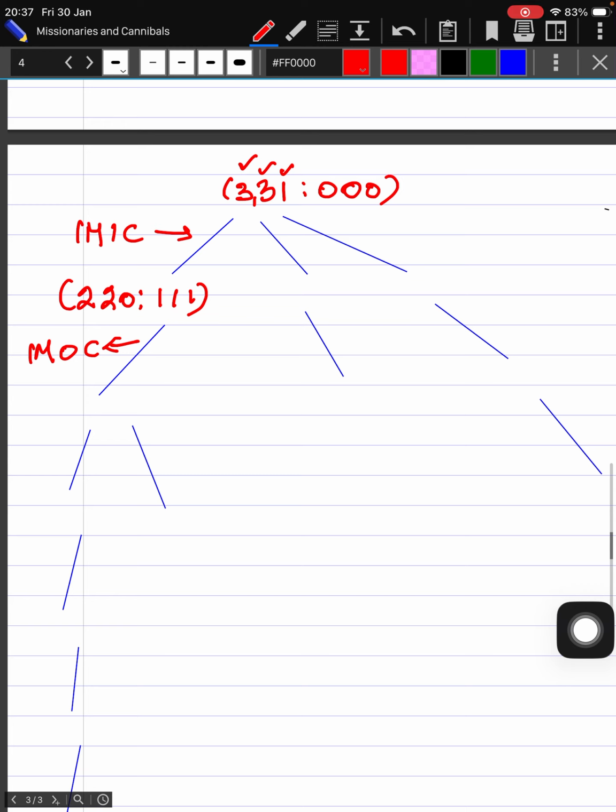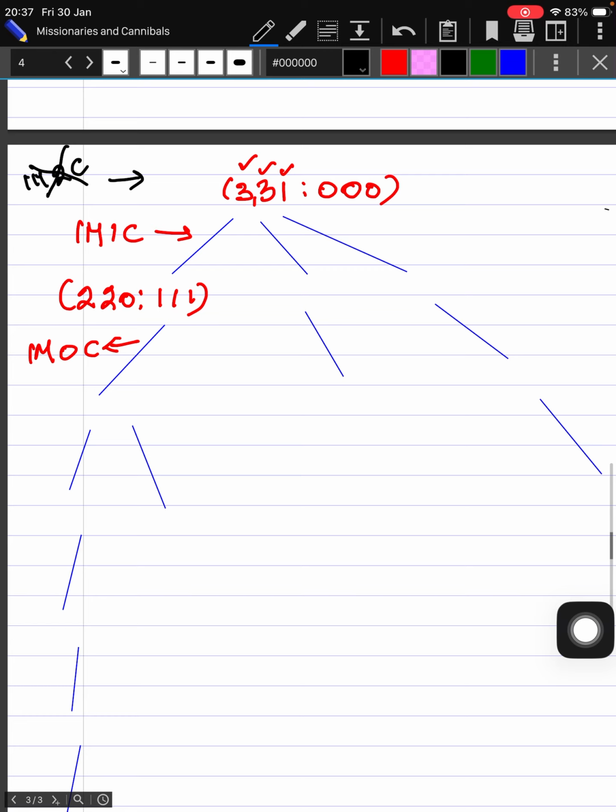What if I had taken one missionary and two cannibals from left to right? What will happen? In the right side, the number of cannibals will be more than the missionaries. So this is a state which has to be avoided. We are not showing the negative states here as far as possible. We are trying to show only the states which are possible.